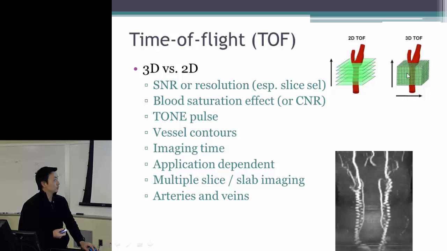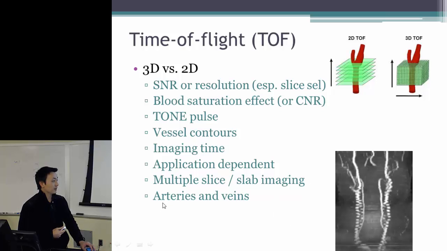But for imaging the arteries inside the brain, usually the 3D version of the TOF will be more popular, because we need to obtain a higher resolution and a higher SNR to reveal those much finer details of the vessels inside the brain. Multi-slice and slab imaging, as we have discussed before.